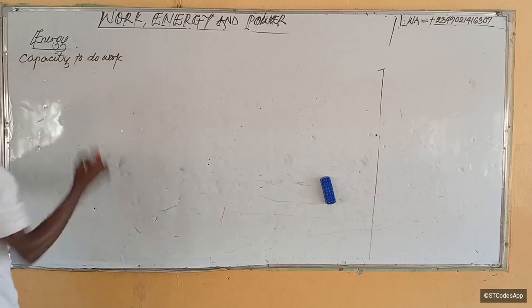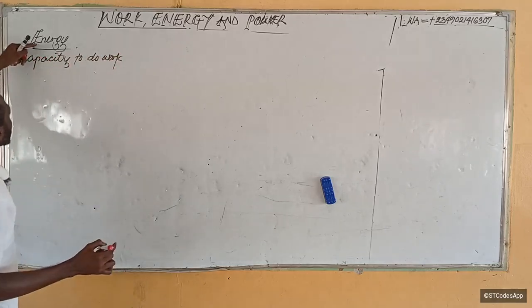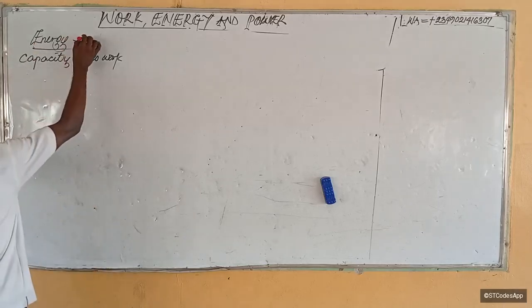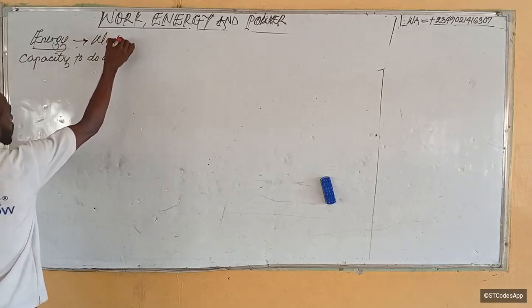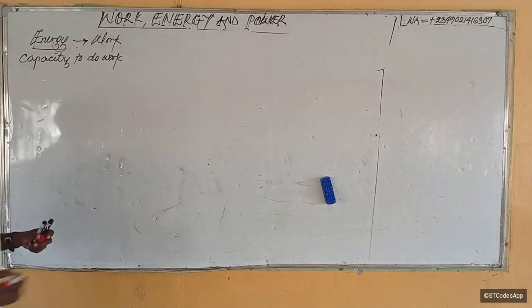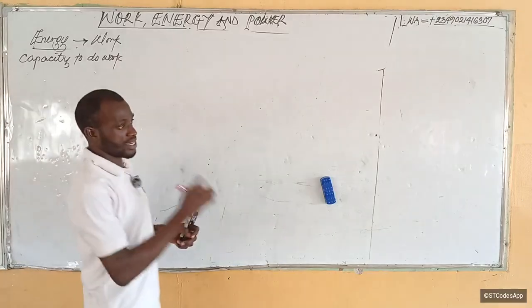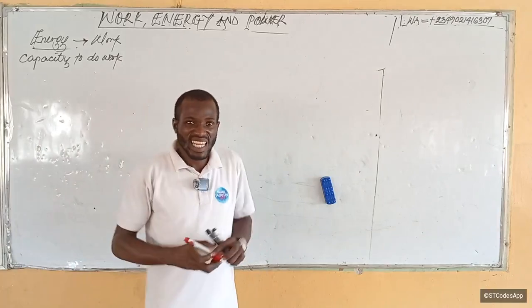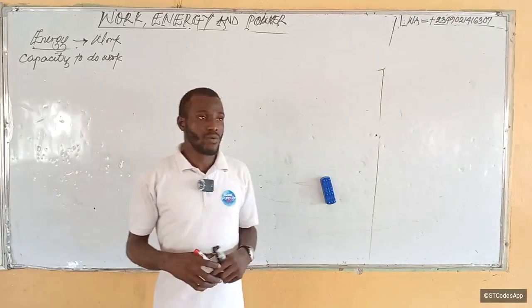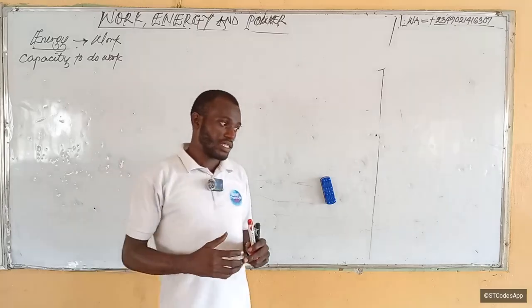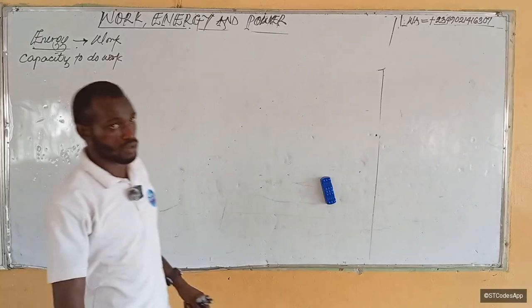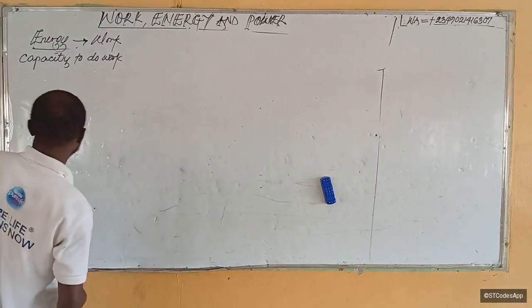What we do is convert energy to useful work. That is why they have the same unit of measurement, energy and work. Energy is that capacity, while the work itself is the product of the force that you apply and the distance over which you are able to displace the object.